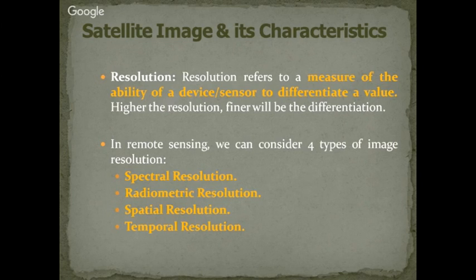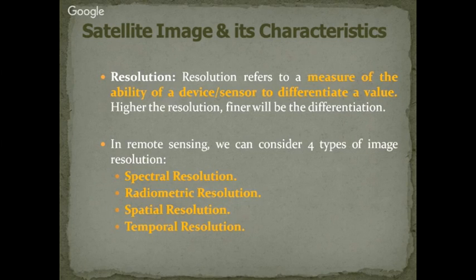Whereas radiometric resolution refers to the sensor's capability to identify various gray shades ranging between pure black and pure white. The higher the number of levels which a sensor can identify, the better the resolution. This kind of resolution is usually measured in terms of bits.